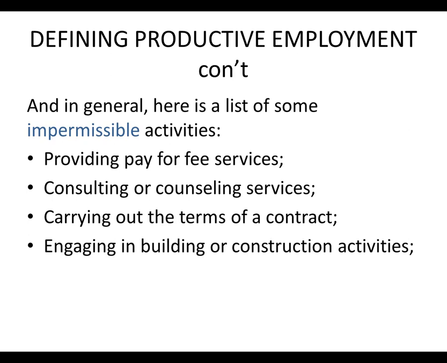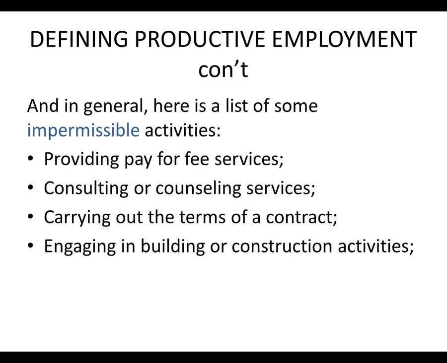If you are carrying out the terms of a contract, so you can engage in contract negotiations, that's permissible, but if you're carrying out the terms of a contract, say, to provide roofing or insulation on a home renovation project, you cannot carry out the terms of those contracts in the United States.